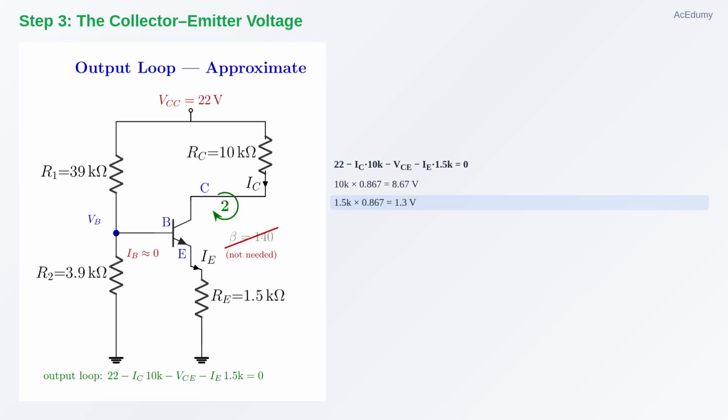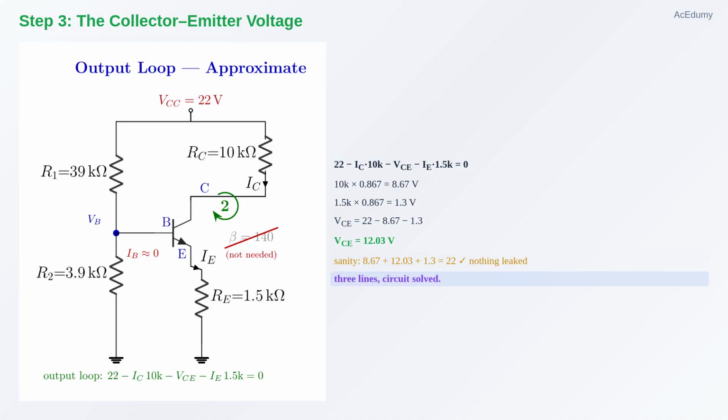The emitter resistor drops 1.5K times 0.867 milliamps, which is 1.3 volts. So V_CE is 22 minus 8.67 minus 1.3, which is 12.03 volts. Quick sanity check. The 3 drops should rebuild the supply. 8.67 plus 12.03 plus 1.3 is 22 volts, exactly. Nothing leaked. 3 lines and the circuit is solved.